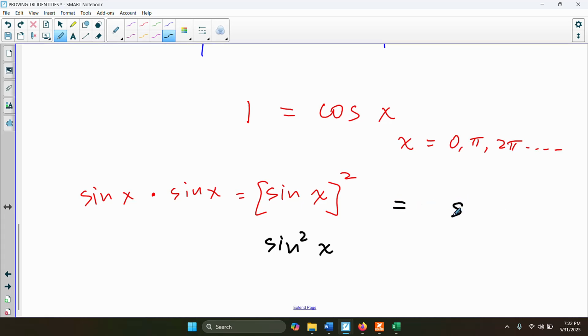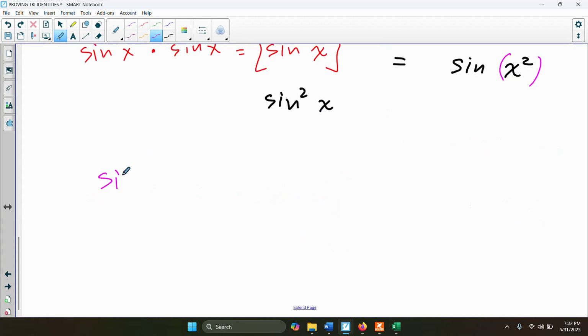Sine of x to the second power. In that case, you're squaring the x first, and then you say, whatever value this is, I'm going to take sine of that value. Meanwhile, this is not the same thing. From a notation perspective, when the exponent goes up here next to the sine, rather than on the letter x, and especially in the early part of proving identities, it's always going to be a 2 here.